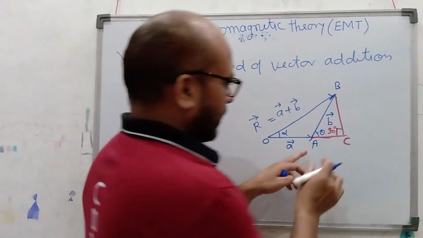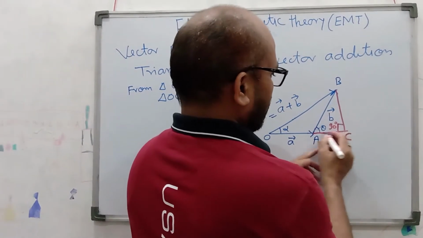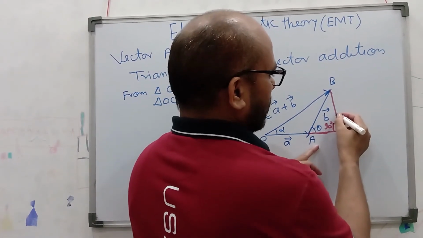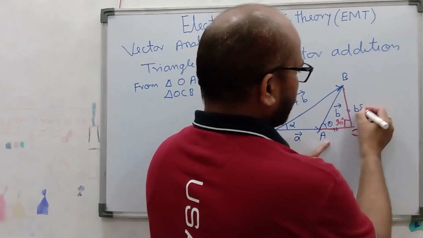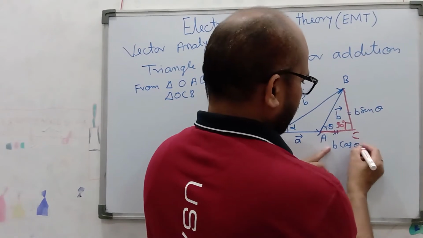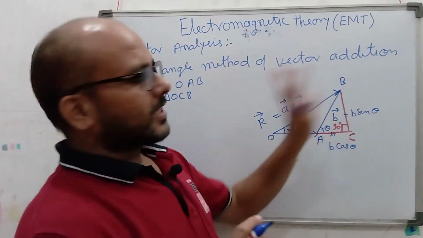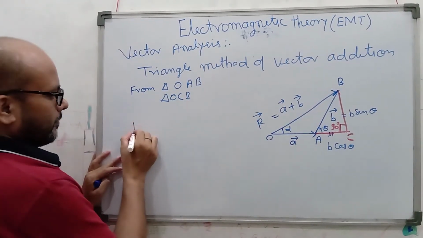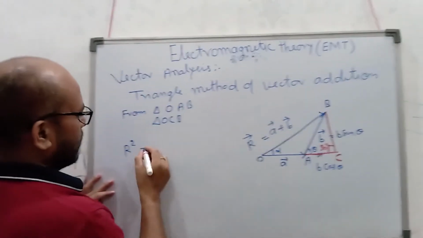So look at the figure here. This is also vector B, right angle. So this is the perpendicular component and the horizontal component. The perpendicular component is B sin theta, the horizontal component is B cos theta. Now triangle OCB is a right angle triangle, so according to the Pythagoras theorem, R square means OB square.